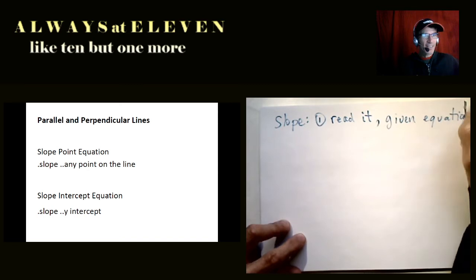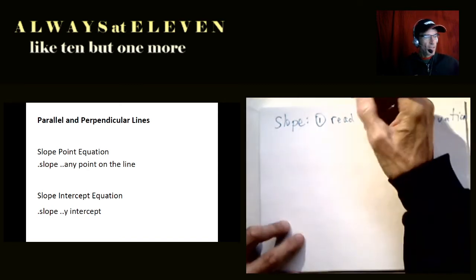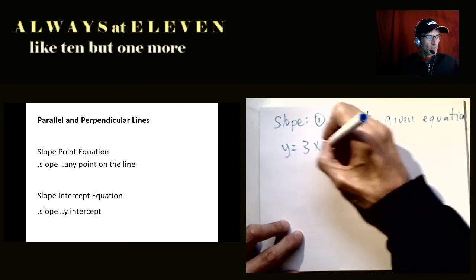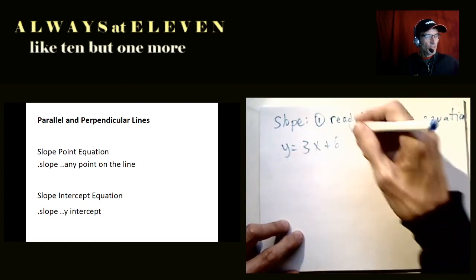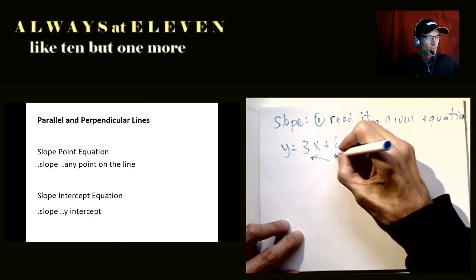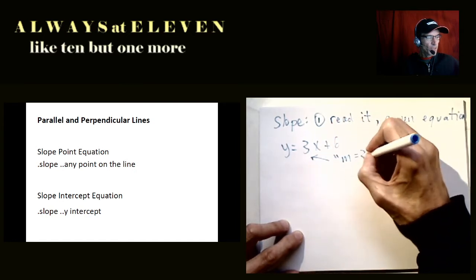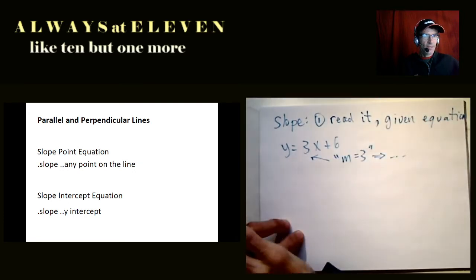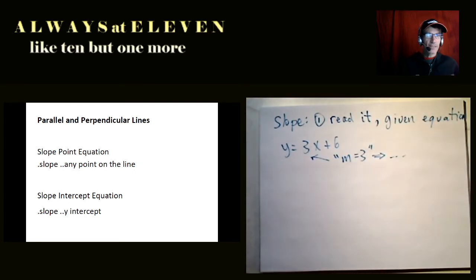So if you have y is equal to 3x plus 6, you can read this equation and say, okay, this slope here is 3, and we can use that then to get the answer to our question.